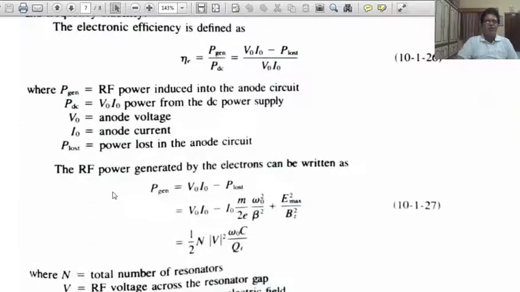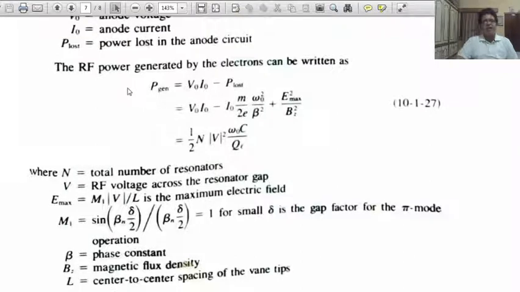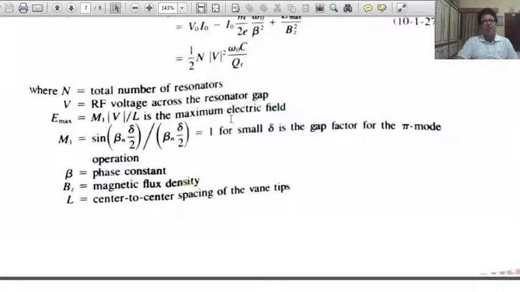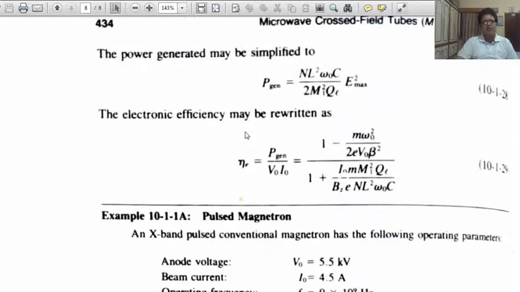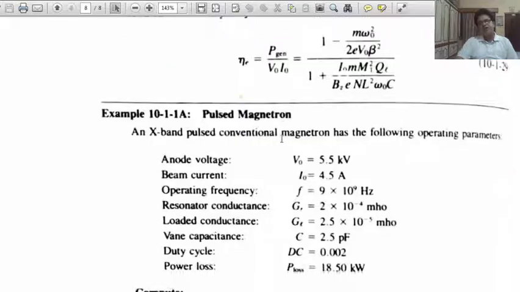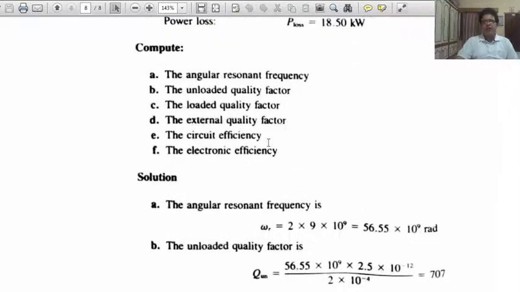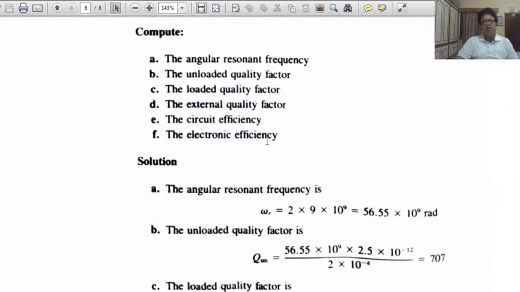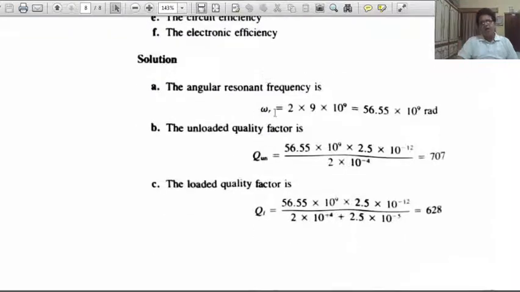The symbols are well defined here, and again the power output you can easily calculate. These are very simple expressions, and after that, at last, you can easily calculate the electron frequency. There is nothing new in it, and a numerical is also given, with only direct replacement of the numerical values, and you can easily get the result.